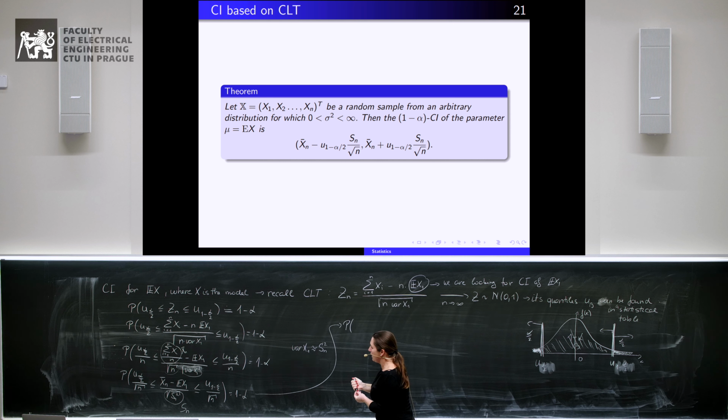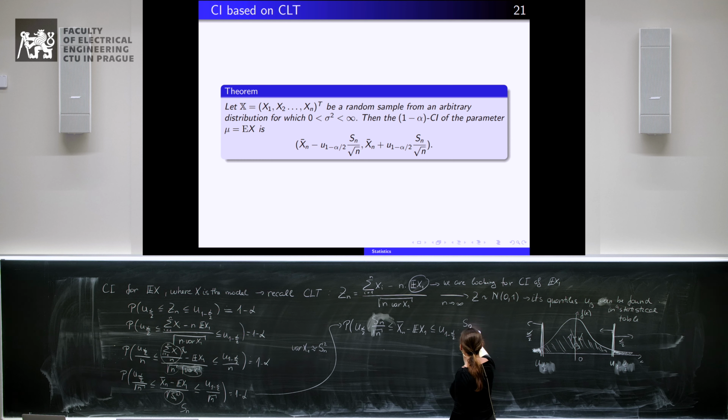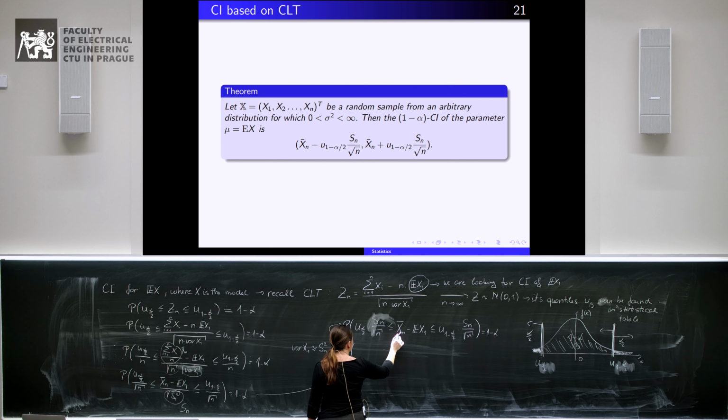So the probability of u alpha half times Sn over square root of n is less or equal to Xn minus expected value of X1, and it is less or equal to u1 minus alpha half times Sn over square root of n. Now we subtract the sample mean.